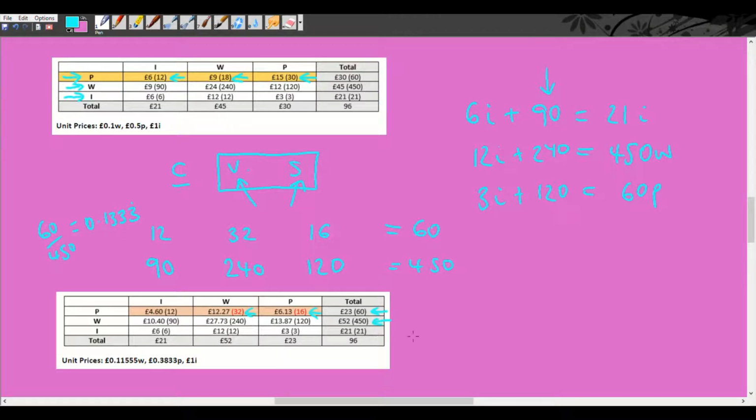So the reason why these are different now is because these figures here have to be in the same proportion all the way along. So if you do, for instance, 23 divided by 52, that is 0.4423.